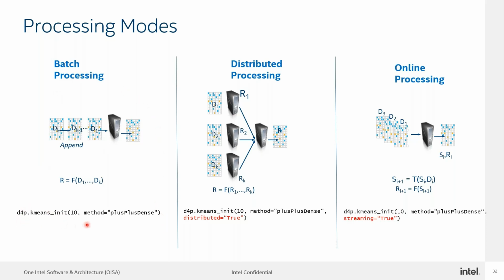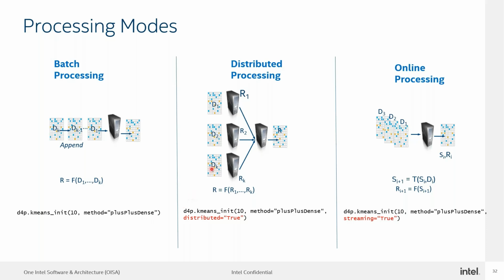So for example, we can choose this daal4py.kmeans_init. We initialize this k-means to have 10 centroids. The method is plusPlusDense.